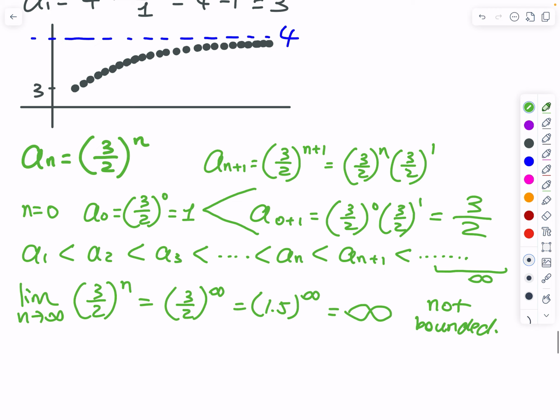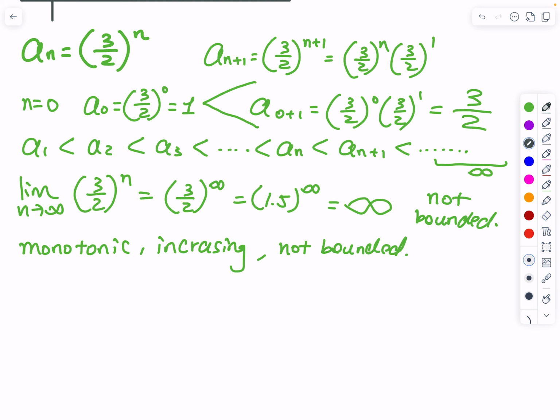And then our conclusion is the sequence is monotonic, increasing, but not bounded. There is no upper bound. And then to draw a graph, we can draw a graph like this. That starts at 1, right?